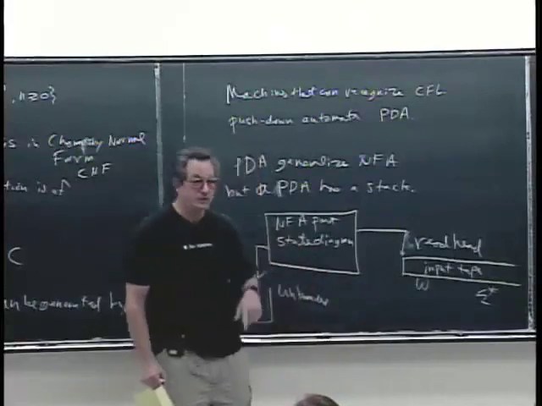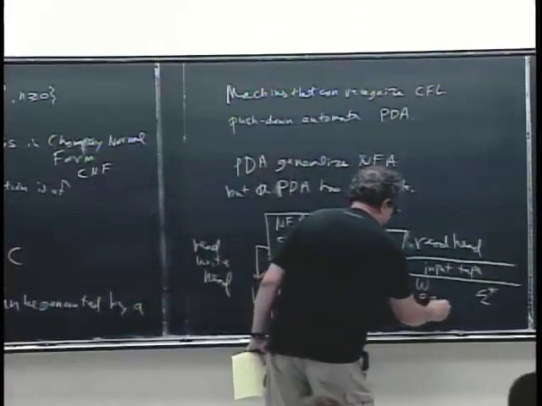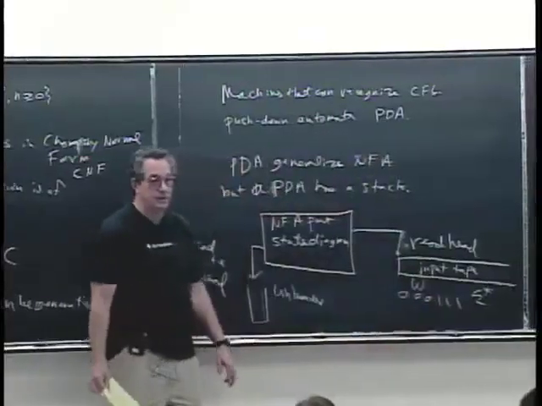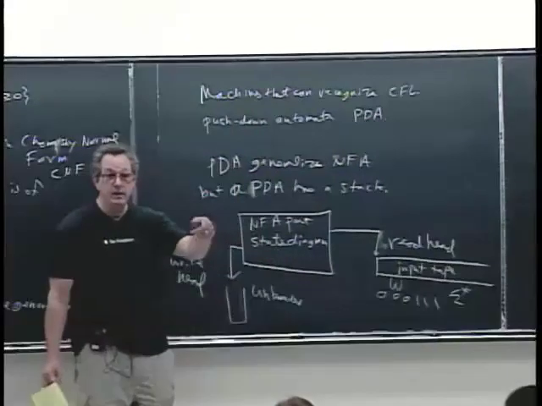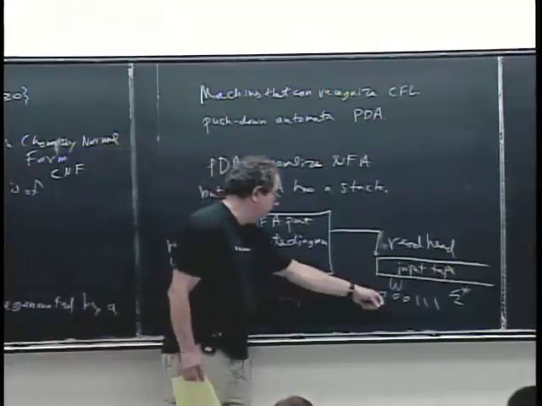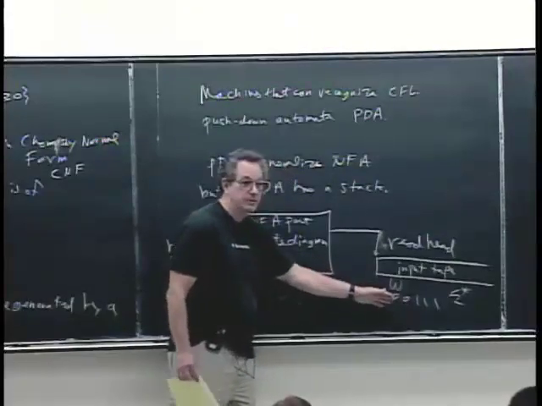Well, what was suggested over here was the following kind of thing. I'll just do it with a little example. Let's say we have 0, 0, 0, 1, 1, 1. The general high-level intuitive idea was that the PDA is going to read characters, and when it reads one, it consumes it, so that character is gone.